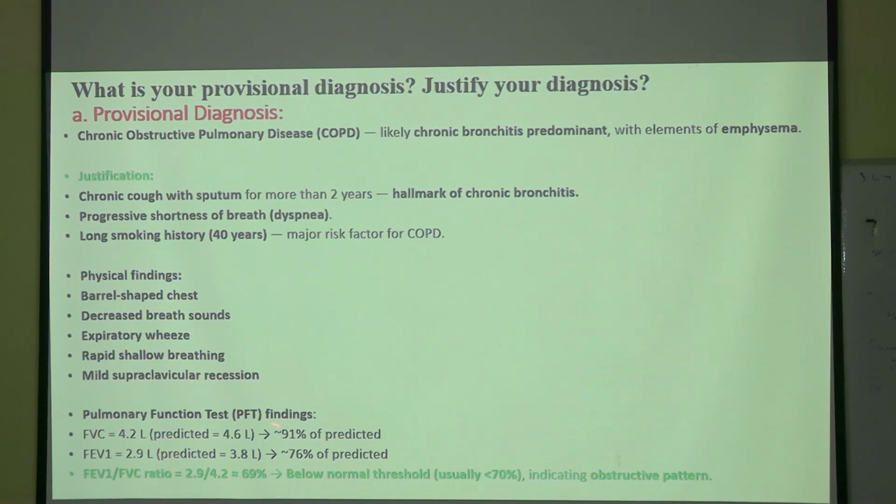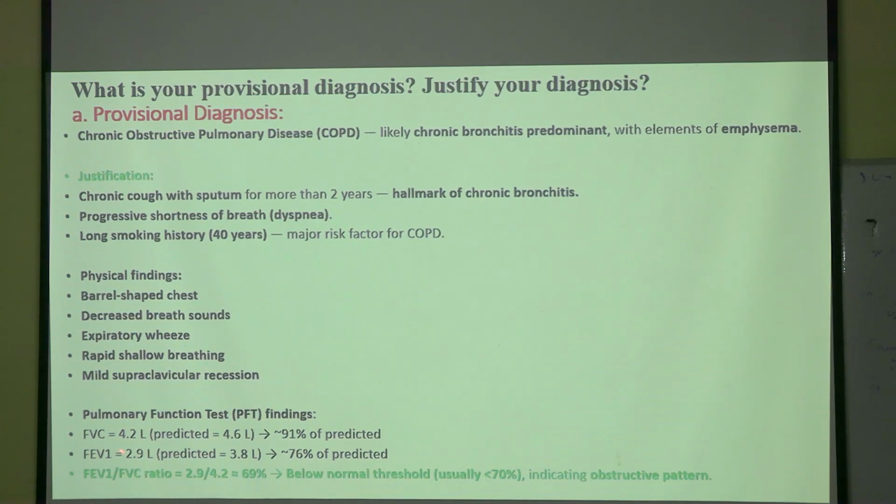See, the pulmonary function test shows the FVC, the obtained value is 4.2 liters here, and for FEV1, the obtained value is 2.9 liters. What do we mean by FVC here? It is the forced vital capacity, and FEV1 is the volume of air expired in the very first second of forceful expiration, right? So it is 2.9 liters.